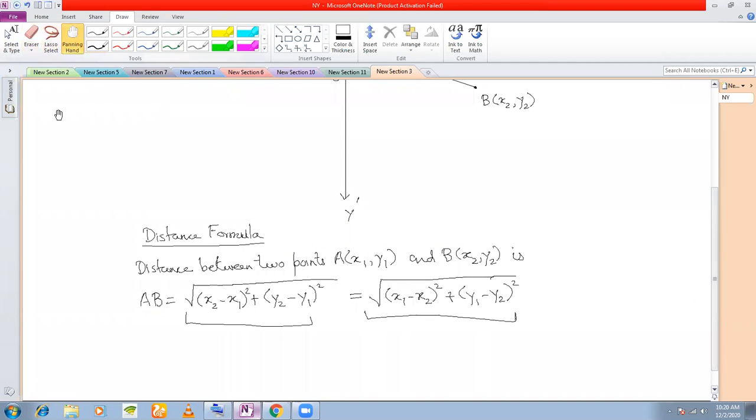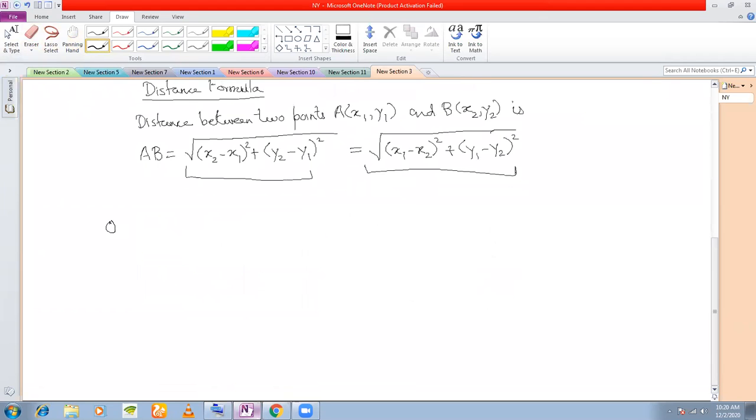The question here is, find the distance between the following points. The first point is 2, 3 and 4, 1.